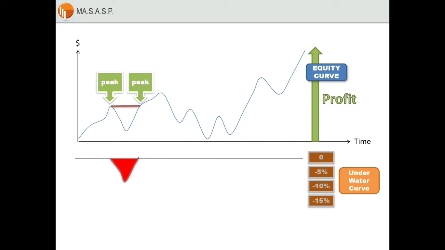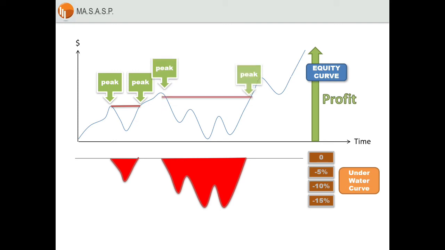Sometime later, we go through another drawdown that is bigger than the former. This drawdown value reads minus 15%, and that's the biggest drawdown within our observation period.